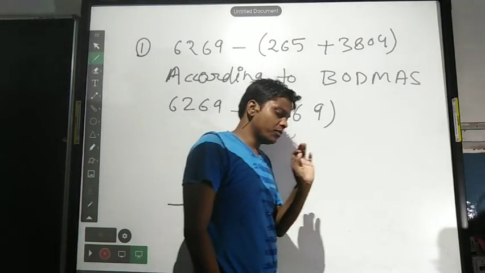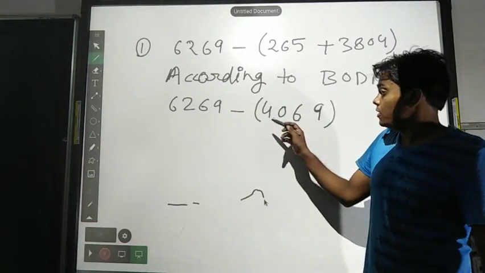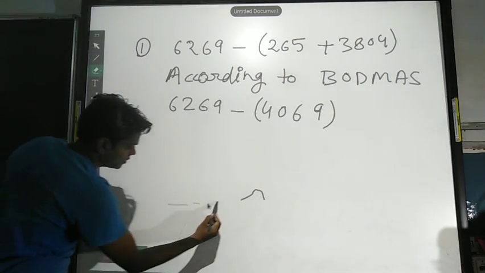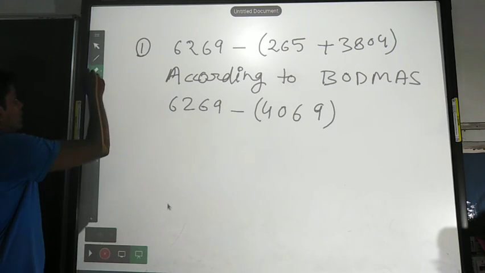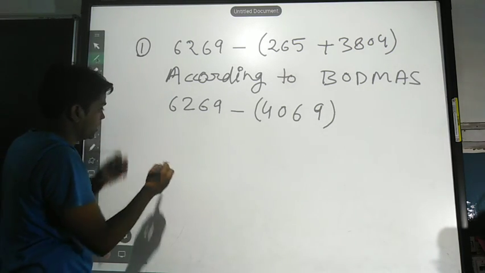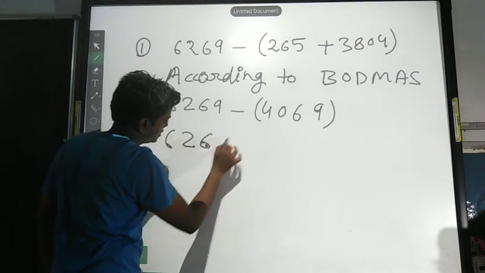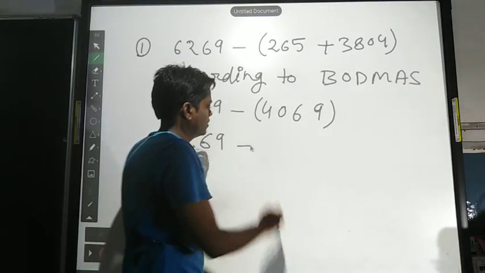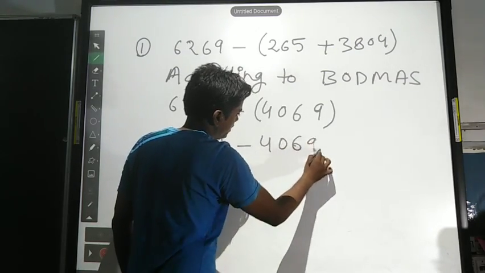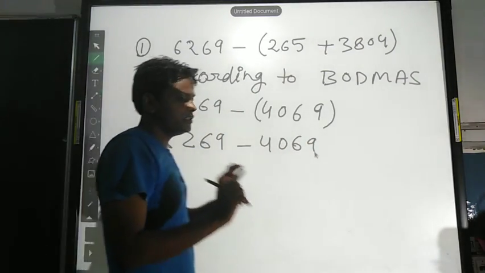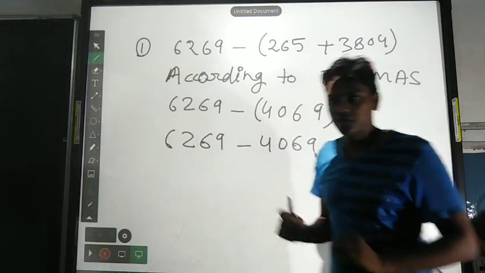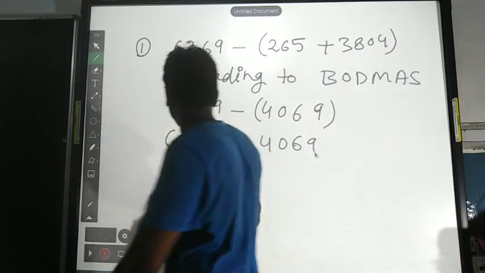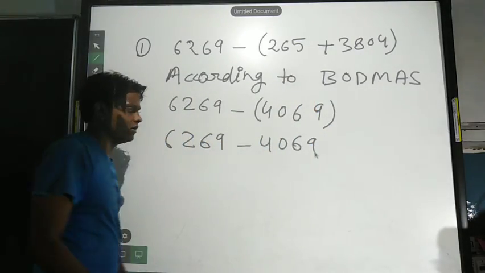See, one most important thing. Now 6269 minus 4069, remove this bracket. Why? Because we have solved it: 4069. Now it becomes an easy subtraction. In subtraction, the left hand side is the big value and the right hand side is the smaller value.